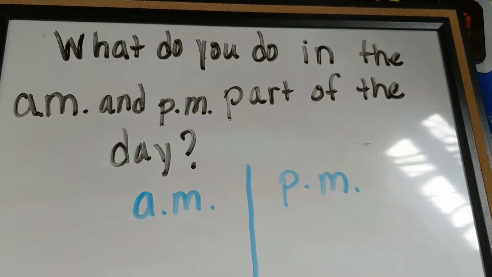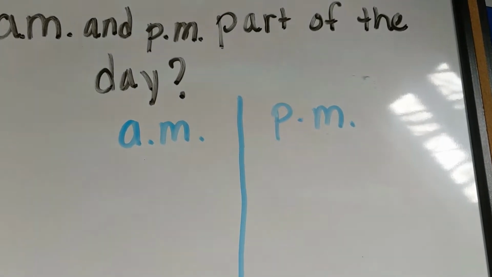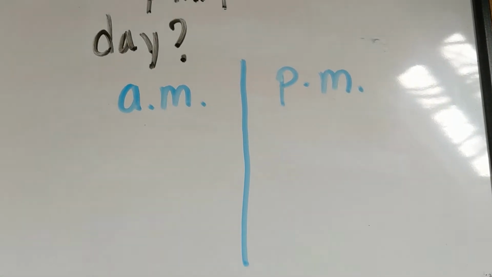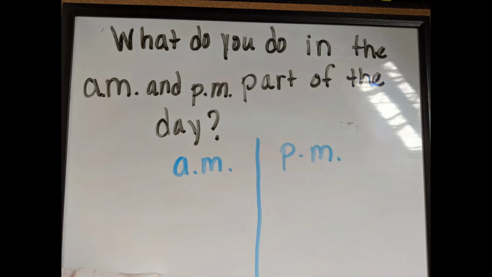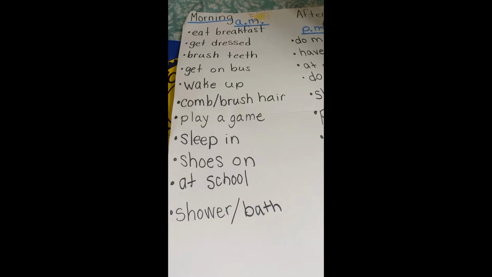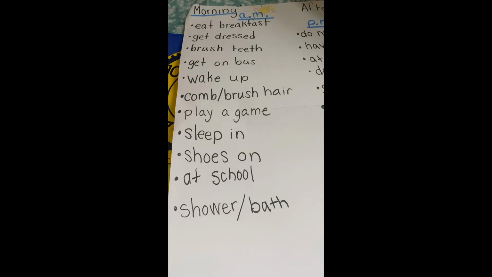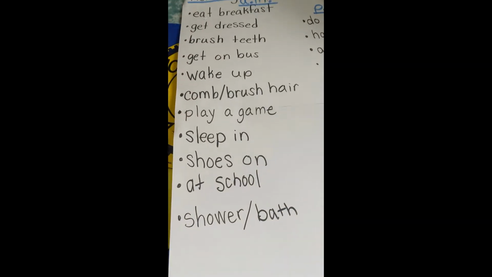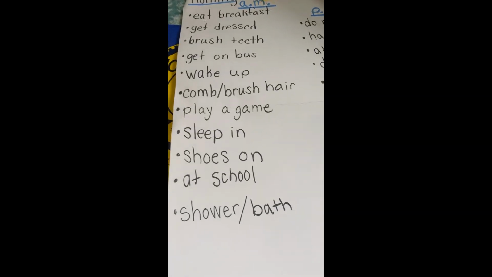I'd like you to think about what you do in the AM and PM part of the day. Let's make a chart and separate what you do in the morning or in the afternoon. What's a typical activity that you have? Some common things kids your age might do in the morning are eat breakfast, get dressed, brush their teeth, get on the bus, well not lately, wake up, brush or comb your hair, maybe play a game, maybe you slept in, maybe you're going to school or you take a shower or bath.